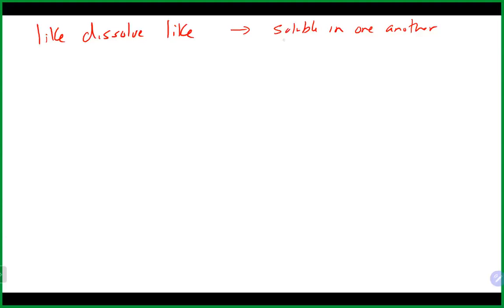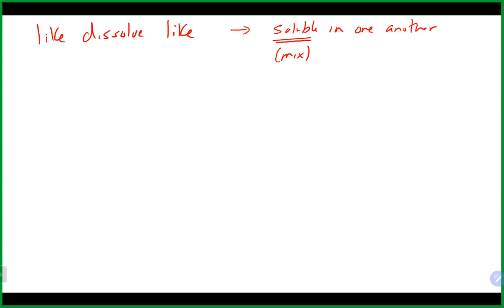And basically, if something is soluble, it basically will mix. So for example, if we are talking about two liquids, they will mix together and basically be one looking liquid. You won't see different layers or anything like that. If we're talking about a solid in a liquid, the solid will dissolve in it. So that's what basically soluble means.